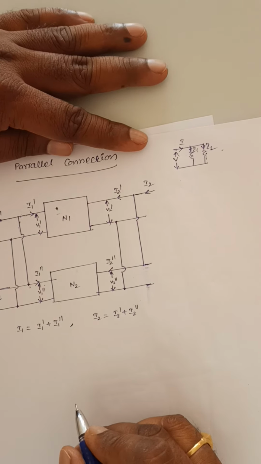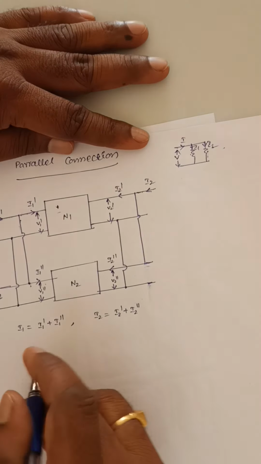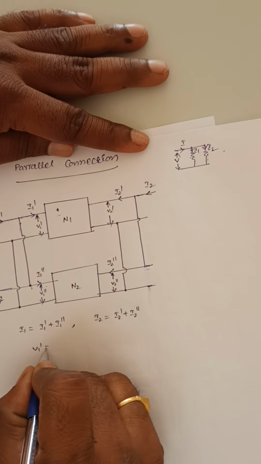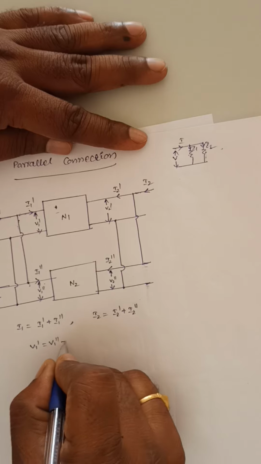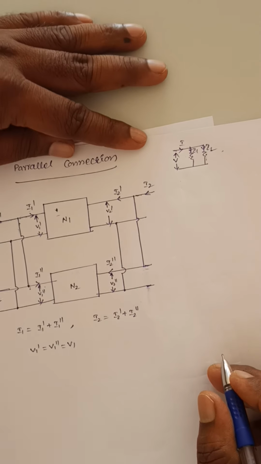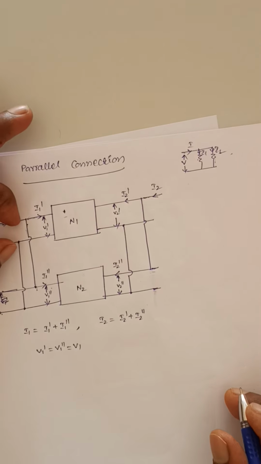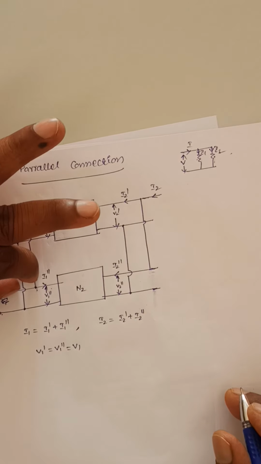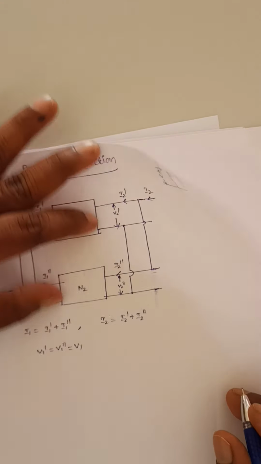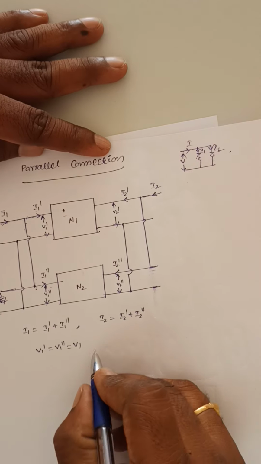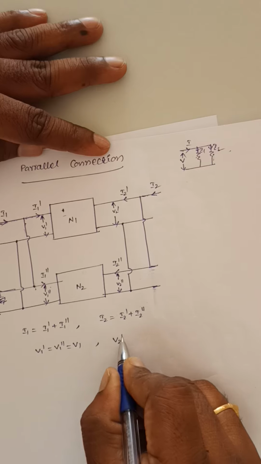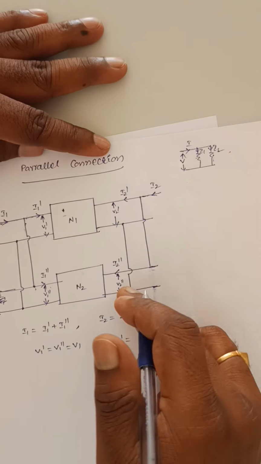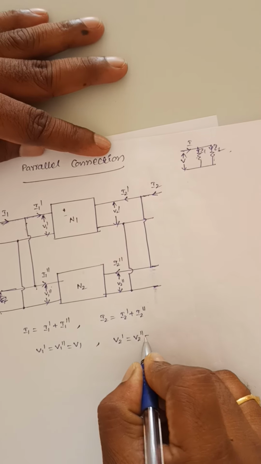Next, let us take V1 dash is equal to V1 double dash is equal to V1. Whatever the voltage that is present across these two terminals, the same voltage will be present across these two terminals also. So V1 dash is equal to V1 double dash, that is equal to V1. In a similar way, V2 dash is equal to V2 double dash, that is equal to V2.